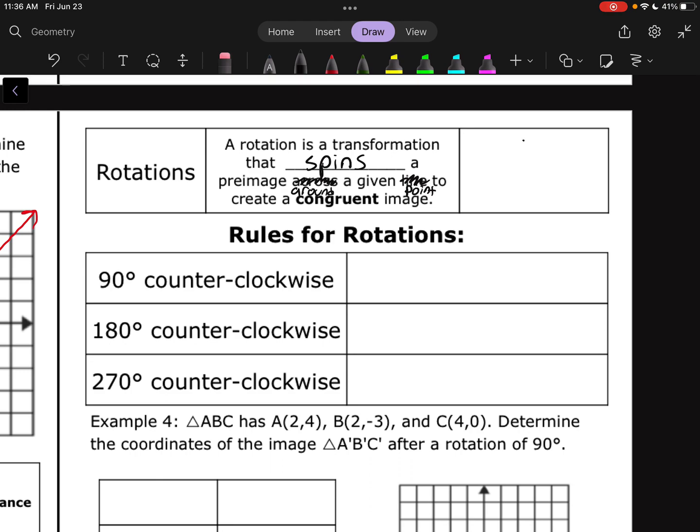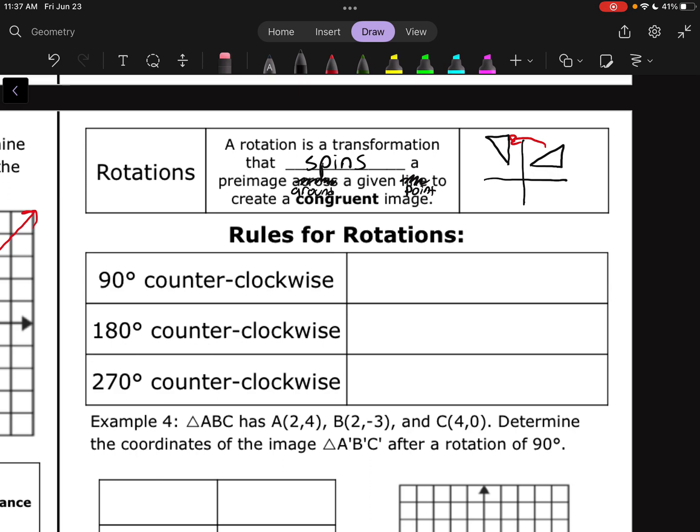So for these ones, like if I have a triangle that looks like this, and I'm going to spin it this way, then it might end up looking like this, right? It's been spun around. And we've got some rules for these as well.